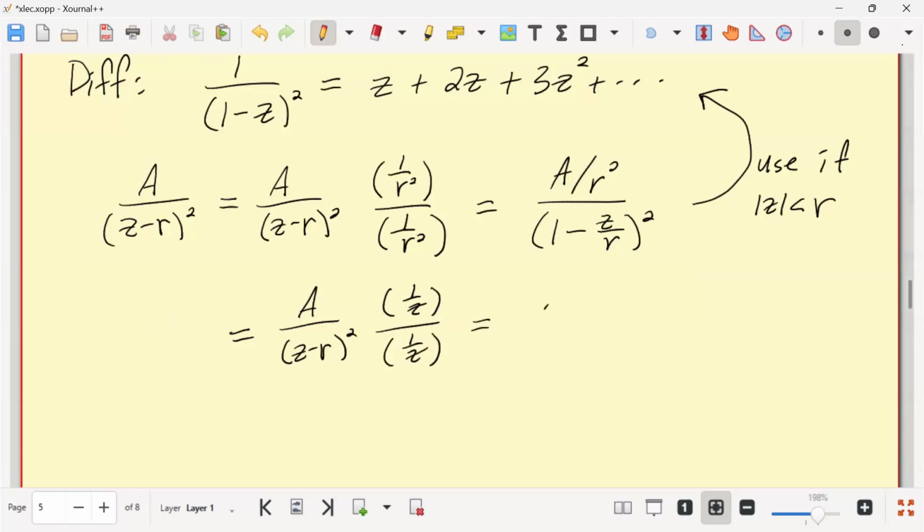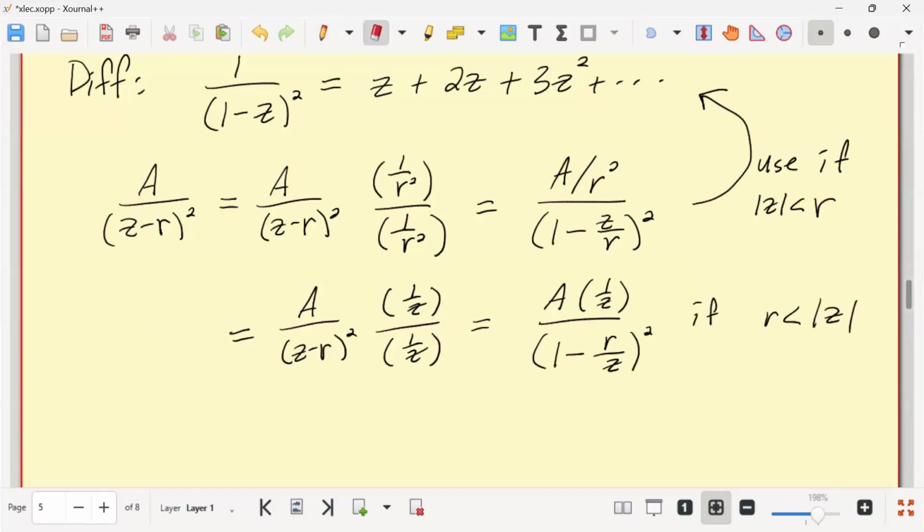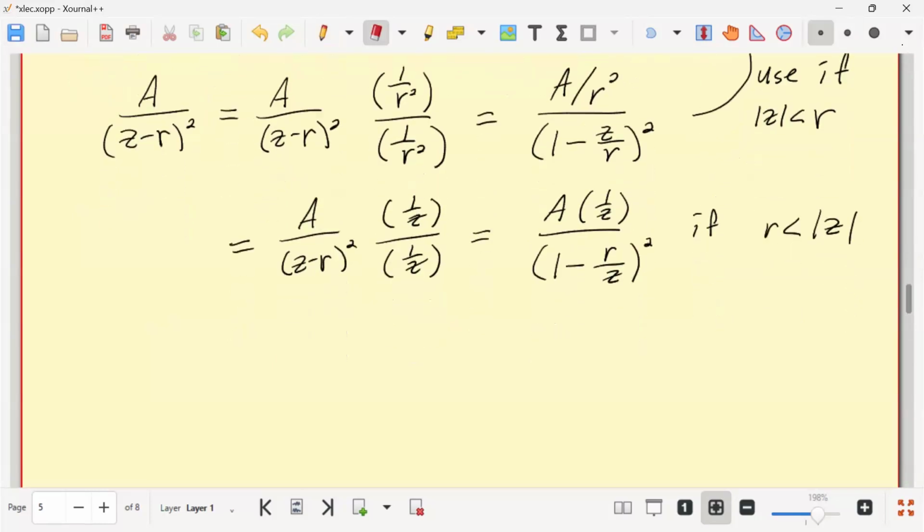And that would give me a times 1 over z on top, and 1 minus r over z, squared, if r is less than the mod z. And then I expand it and get something that looks like a Laurent expansion. I would get negative terms of the Laurent expansion.